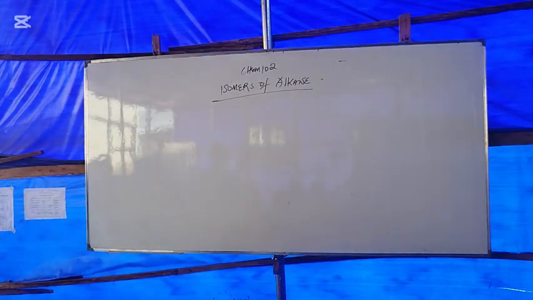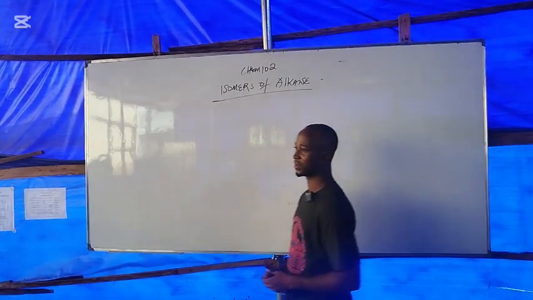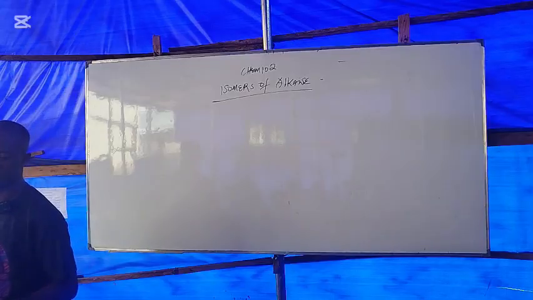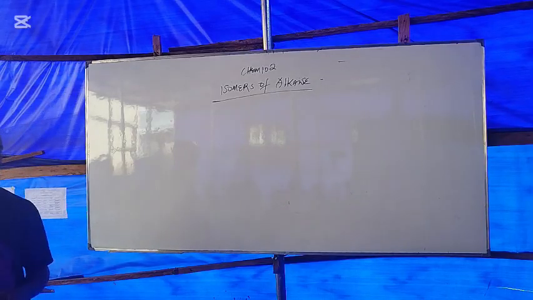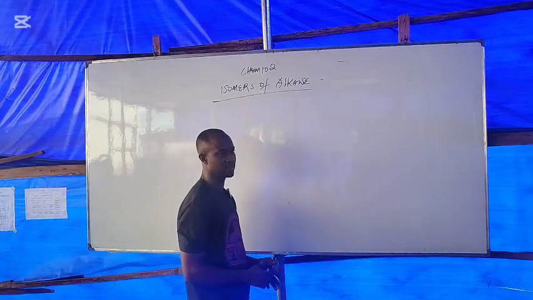Are you writing? Isomerism is the existence of two or more compounds with the same molecular formula, but different structural arrangements. Compounds that exhibit isomerism are called isomers.